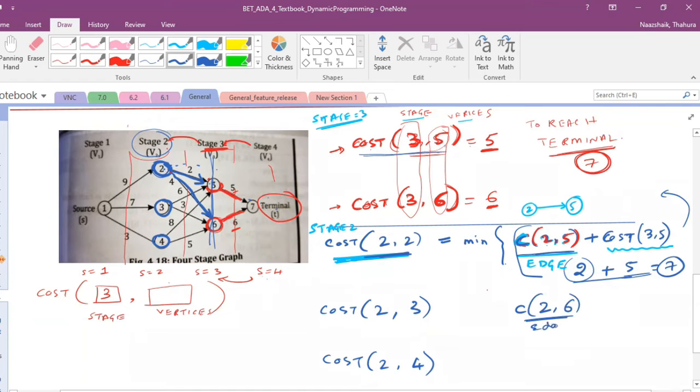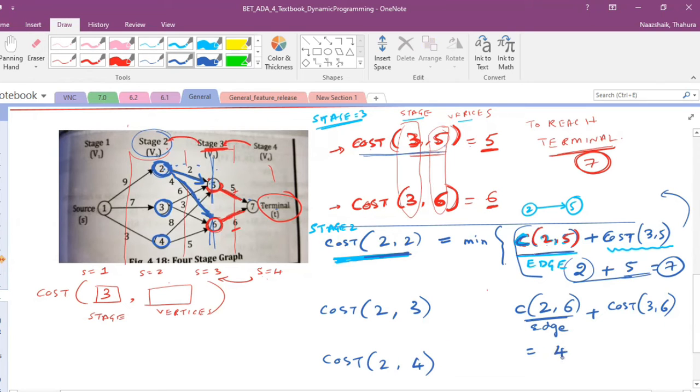Remember, this is edge plus whatever was the cost from stage 3, 6th vertex. Can you find out what is the cost of this edge 2 to 6? Four. Correct.